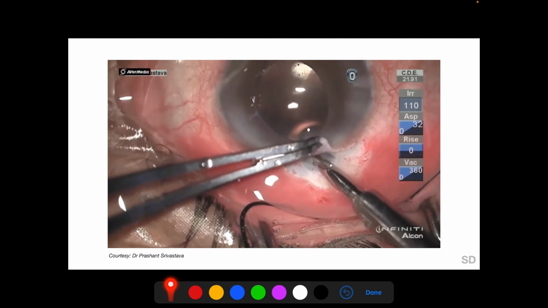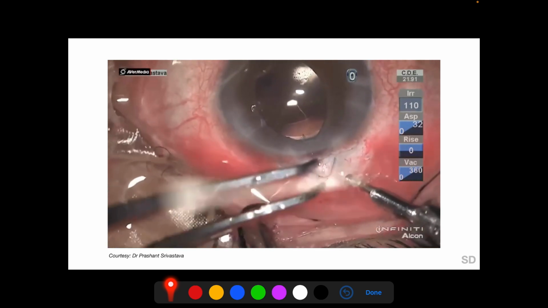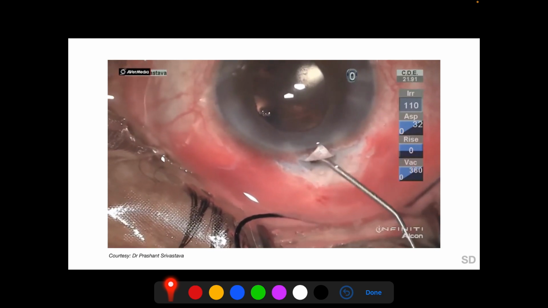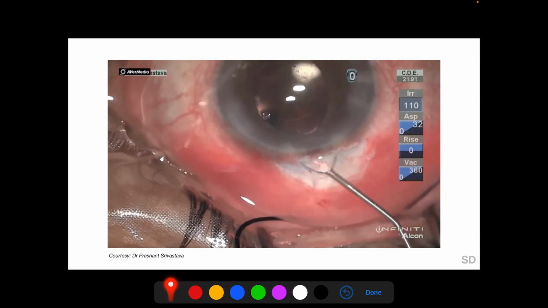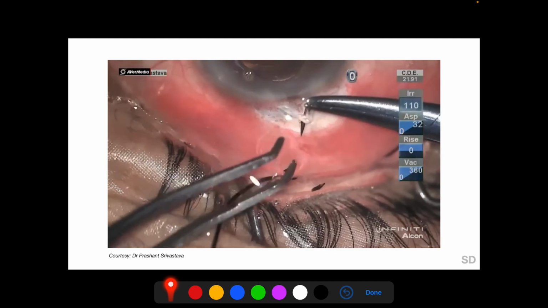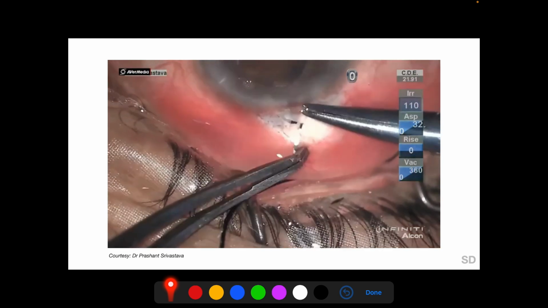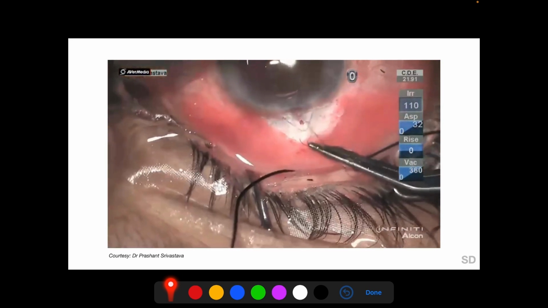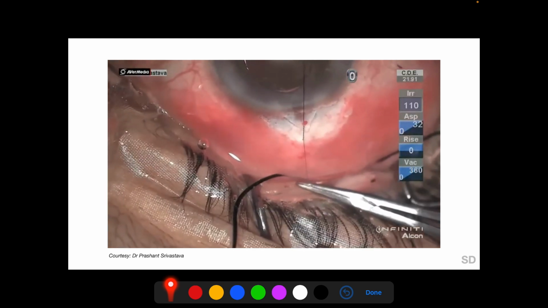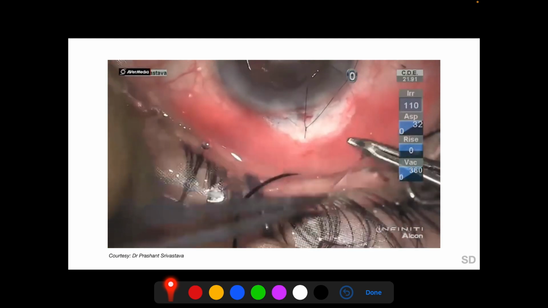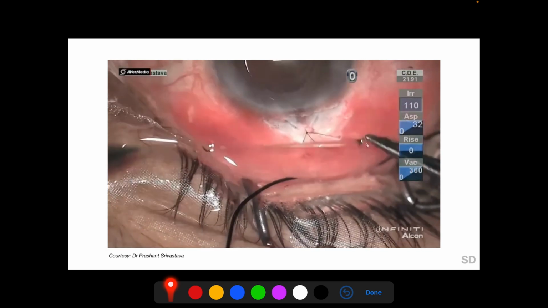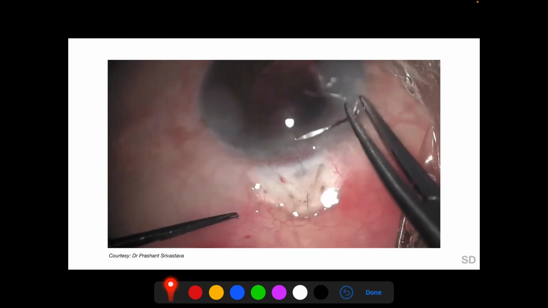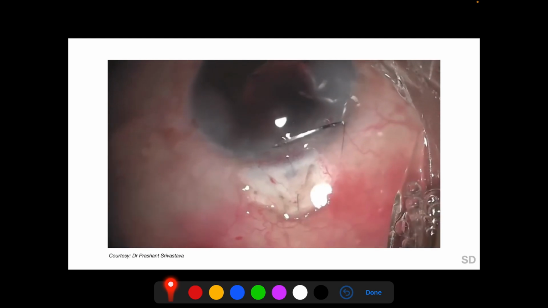Here a Kelly punch is used to excise the corneoscleral block, and the iridectomy is done. The scleral flap sutures are placed. And one releasable suture is placed with the technique we have just discussed.